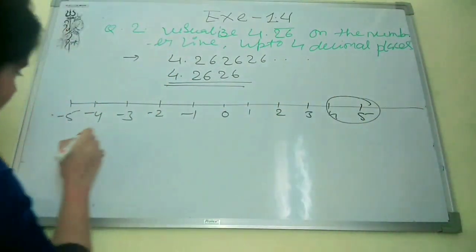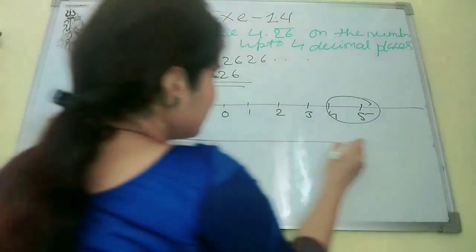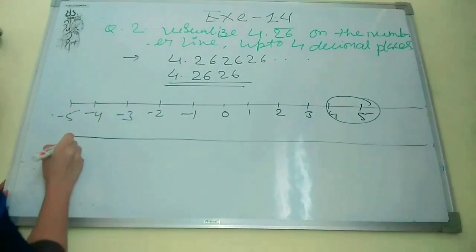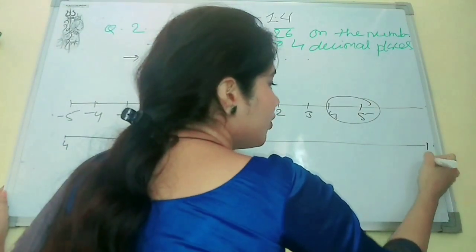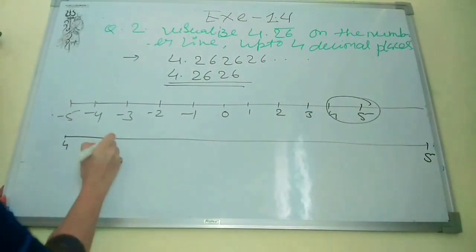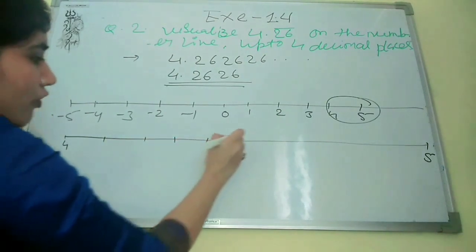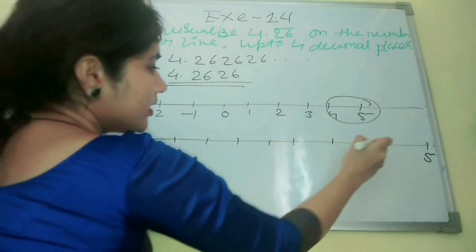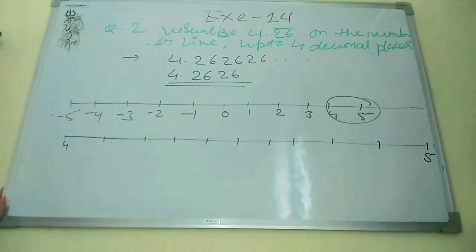So we will take another number line, mark the positions 4 and 5 and divide it into 10 equal parts, which means 9 digits will be lying: 1, 2, 3, 4, 5, 6, 7, 8, 9. How will we measure it?